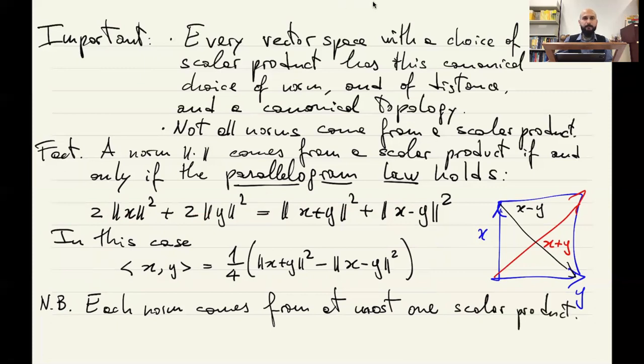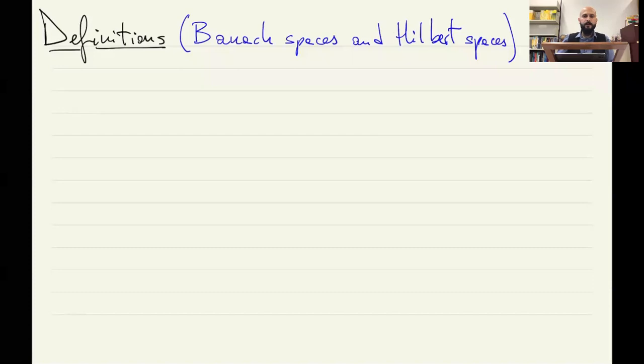Okay. So we shall work with normed vector spaces or vector spaces equipped with a scalar product. But there will be an assumption that is going to be very important for the theory, that the metric that they define is a complete metric. So let's define what is the completion.